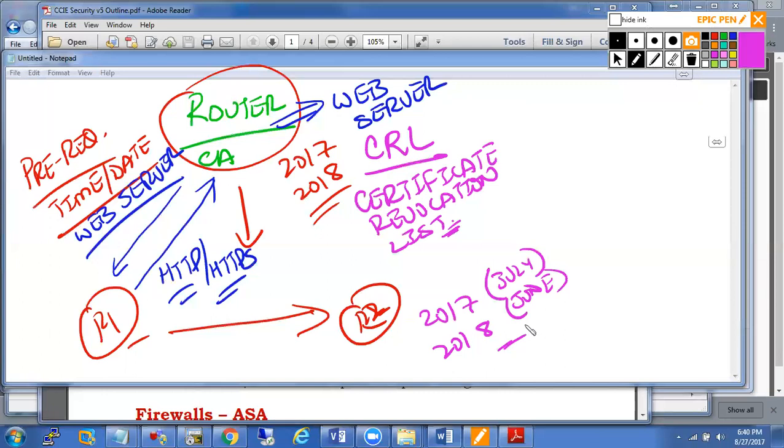But what happens is this: the company goes out of business, or due to business needs it's no more required, or the company moves over to another company. A whole bunch of different things can happen, and they no longer need that certificate. So they can tell the CA server, hey, listen, I don't need that certificate anymore. Please revoke it.